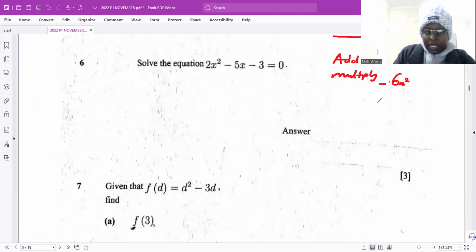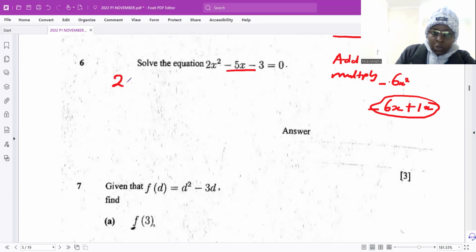So the numbers that I can think of are minus 6x plus 1x like this. So we substitute this whole thing for minus 5x. So let's do that. We get 2x squared minus 5x, minus 6x now, then plus 1x minus 3 is equal to 0.